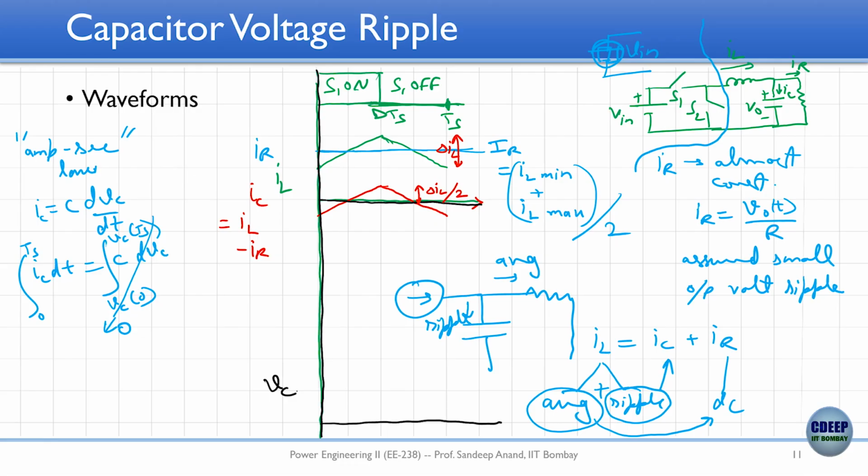Draw the capacitor voltage Vc in the same timeline. It's simple, right? Why are you getting confused? It's simple. How would Vc look?